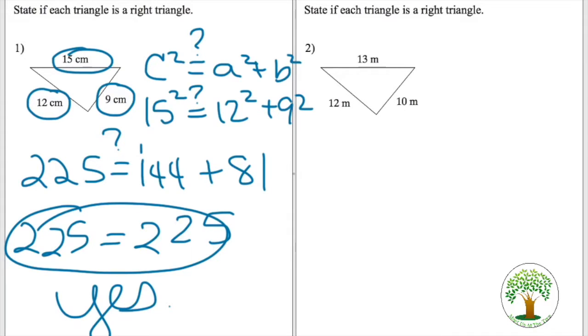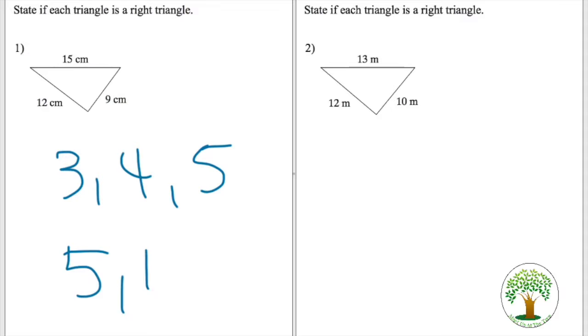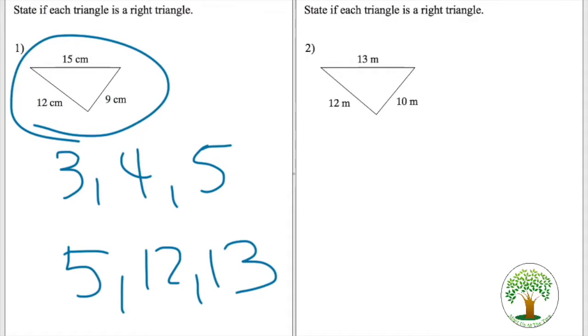So I'm going to clear my screen here. We memorized 2 Pythagorean triples, a 3, 4, 5 and a 5, 12, 13. This is one of them. But you say this doesn't look like a 3, 4, 5. It doesn't have a 3 or a 4 or a 5.